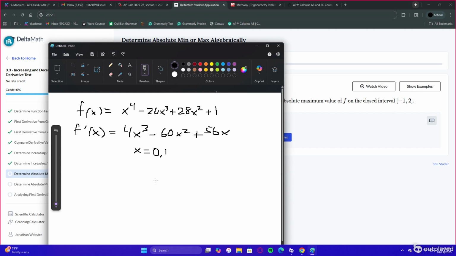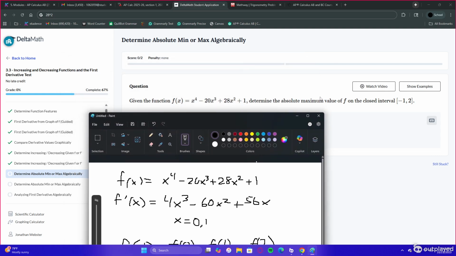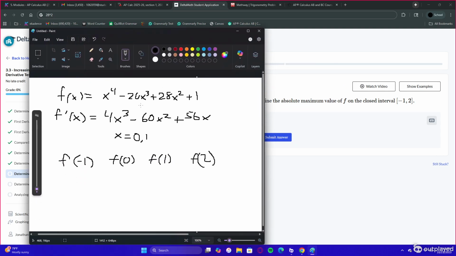So now we have these values, which are our critical points, and we also have the closed interval value, so plugging in f of negative 1 and then plugging in f of 0, f of 1, and f of 2. And remember, we're not plugging in to our f prime of x function because we're actually trying to determine the maximum value of f, so we're plugging into f.